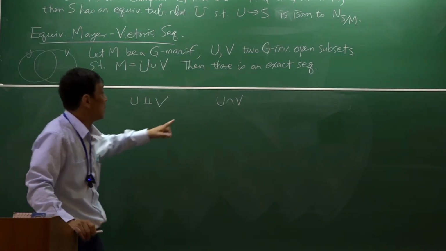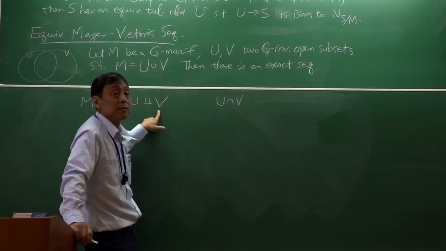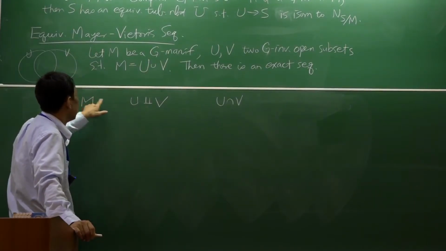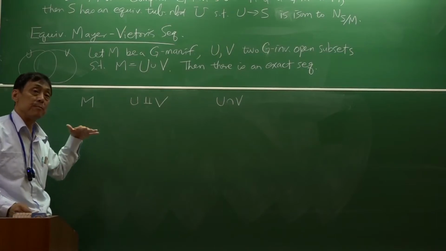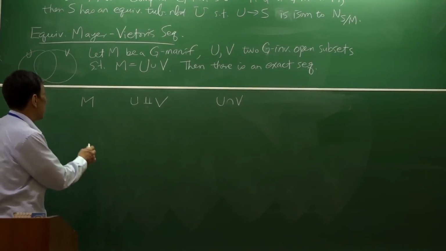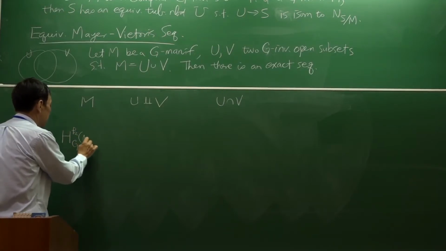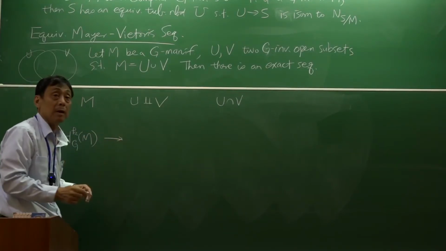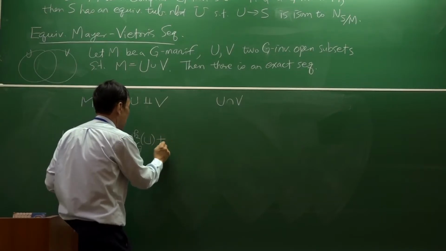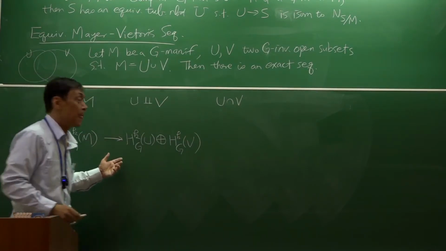So basically, you have an inclusion from the intersection into U and the inclusion from the intersection into V. And then you have the inclusion of U into M and V into M. And those inclusion maps will induce restriction maps in equivariant cohomology. So you have H^k_G(M). It restricts to H^k_G(U) plus H^k_G(V).